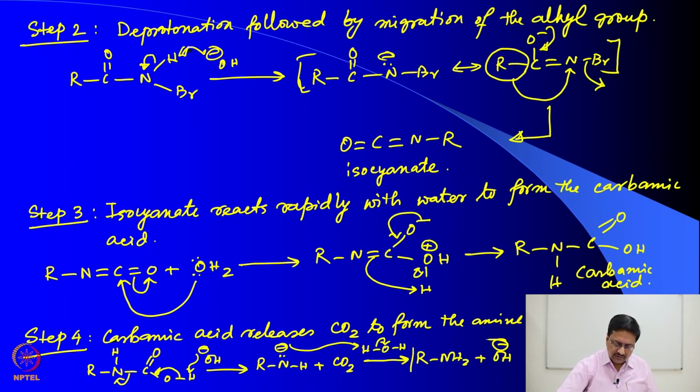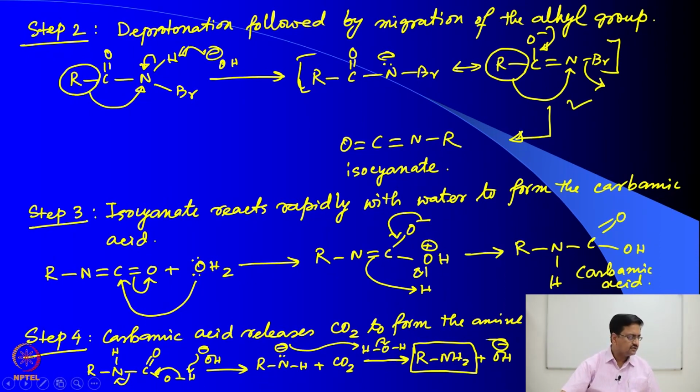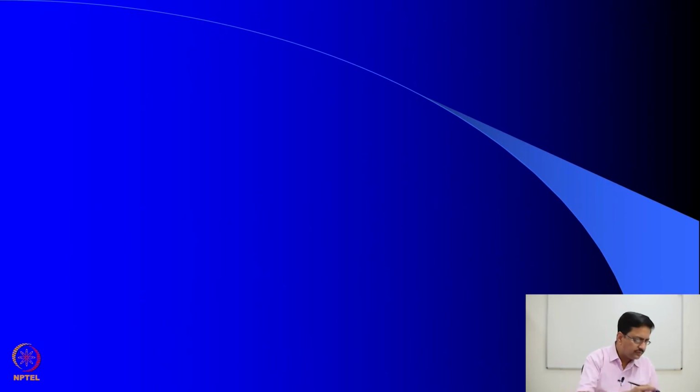So, this product is formed by a rearrangement of this alkyl group from the carbon to nitrogen, which took place in this step. So, this is called the Hofmann rearrangement reaction. Let us see quickly a couple of examples.